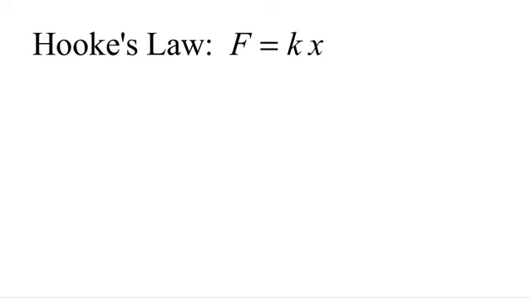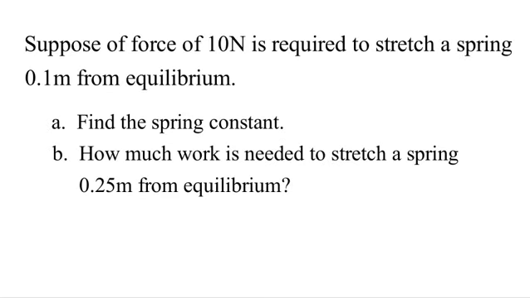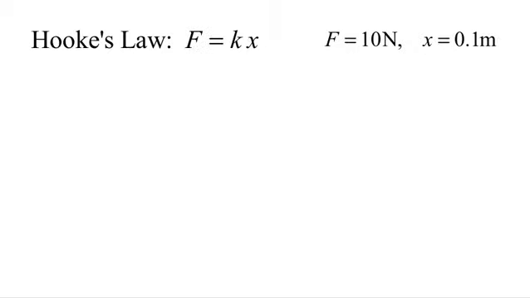Hooke's law tells us F equals kx. So our question here gave us what? F, 10 newtons, x, 0.1 meters. So we have F and we have x, and we can go ahead and solve for k. Remember, Hooke's law tells us F equals kx.